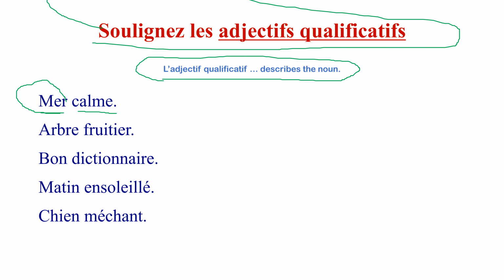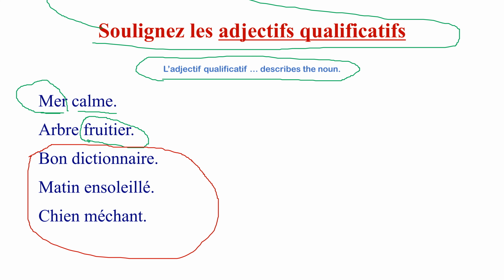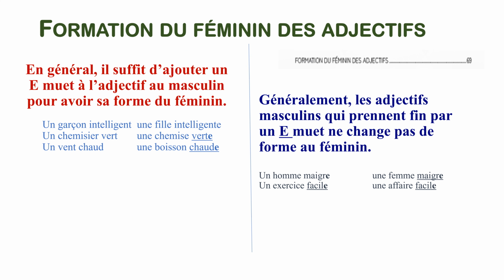Well, here is your noun. Therefore, it describes the noun mer, mer calme. Arbre fruitier, fruitier describes what kind of tree it is. It's a fruit tree. Okay? So do you think you could do the last three for me? It should be very easy now.